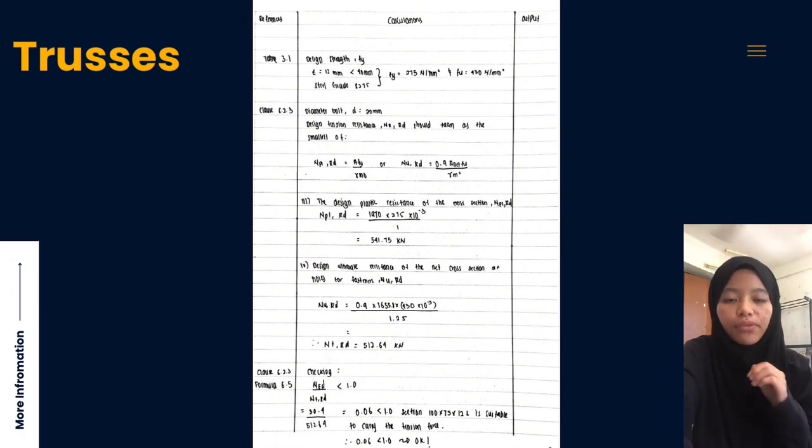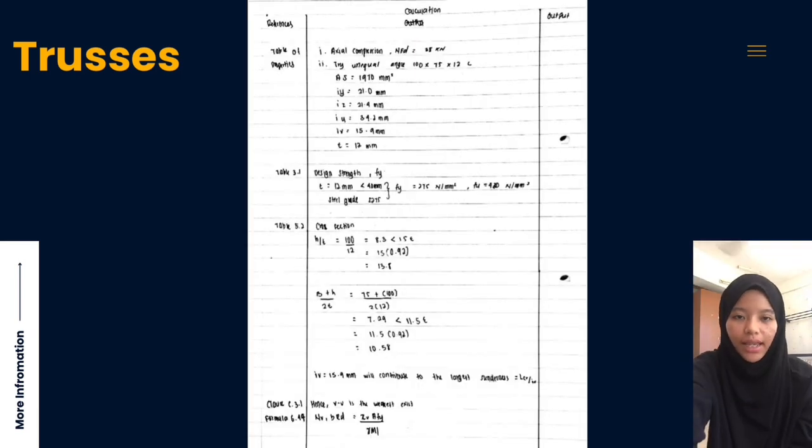So 30.4 over 512.64, we will get 0.06, smaller than 1.0. Then the section 100 multiplied by 75 multiplied by 12 length is suitable to carry the tension force. So 0.06 smaller than 1.0 is okay.